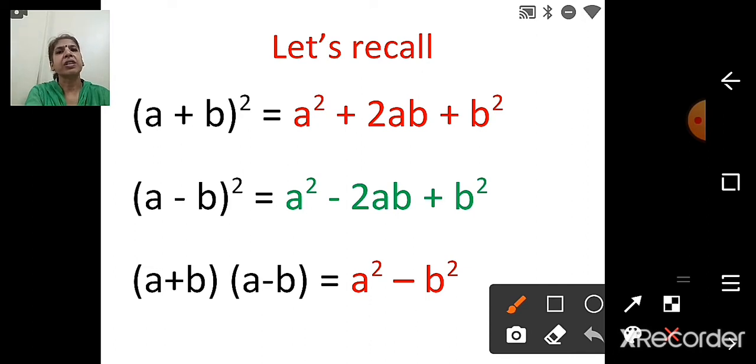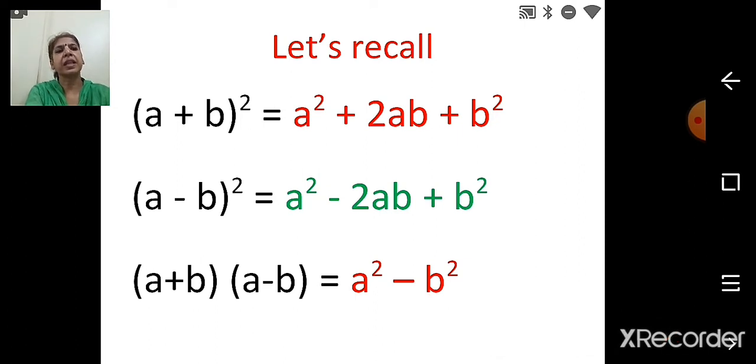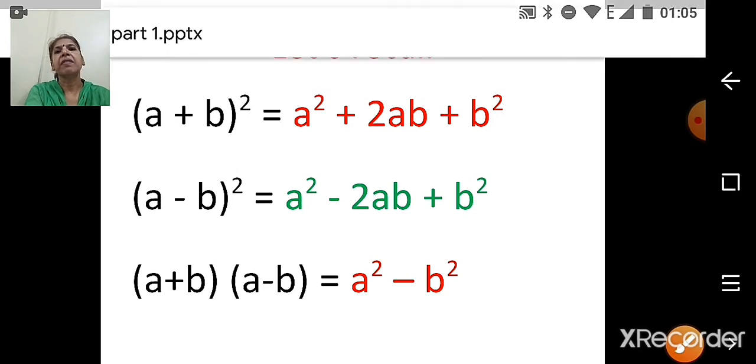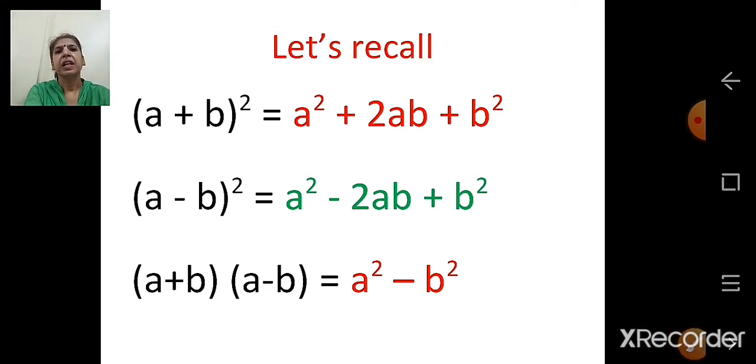It is addition of two terms multiplied by subtraction of the same two terms. So it is a square minus b square: first square of first term minus square of second term. These are very important formulae. You have to write them 3 to 4 times. You have to learn them by heart, memorize them.